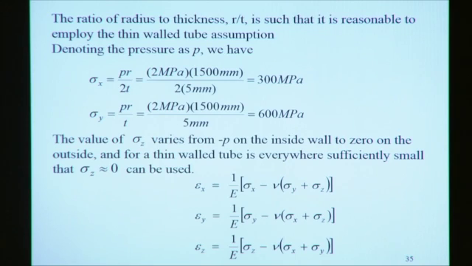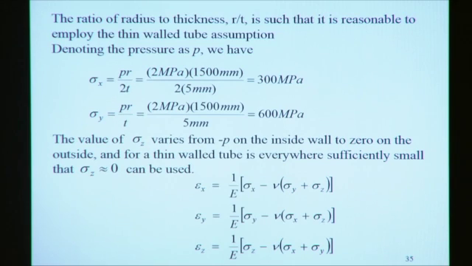It is known that the ratio of radius to thickness is very small here, so it can be considered a thin walled pressure vessel, and we can estimate the stress acting in direction x as P R by 2T, where P is the internal pressure, R is the radius and T is the thickness of the vessel.